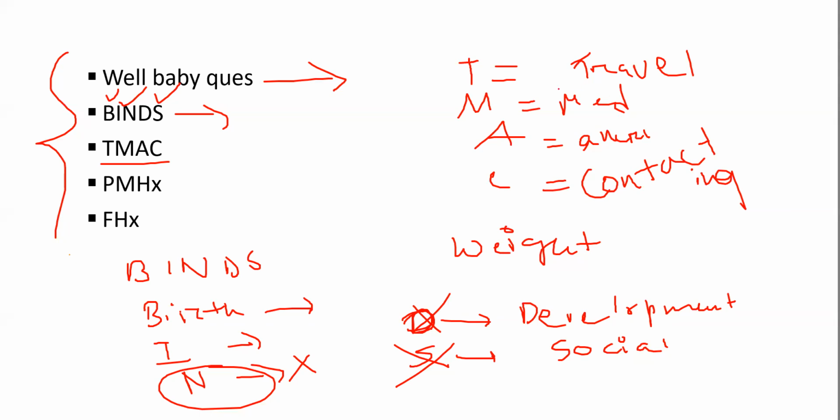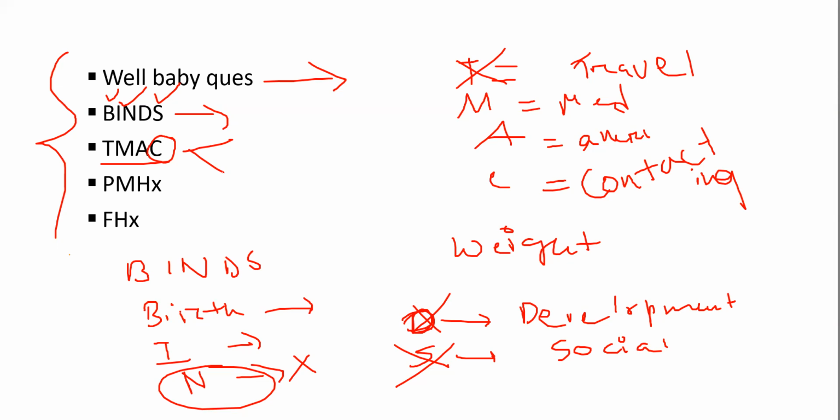Okay. So in here, you don't need to ask about travel. You can ask about, is he on any kind of medication, any known allergies? Now for contact, you have to ask two questions. Anyone at home having similar symptoms? That can be gastro. Does he go to childcare? Anyone at childcare recently had symptoms like this?